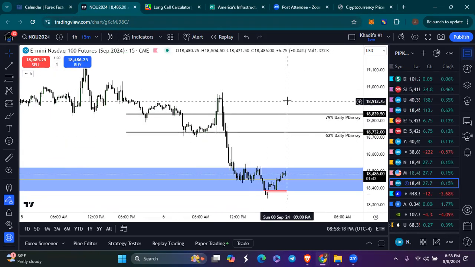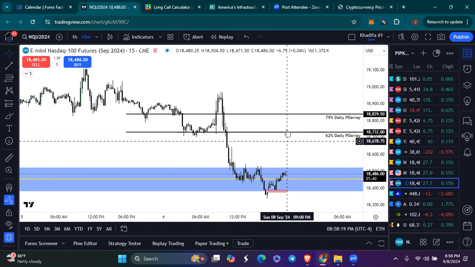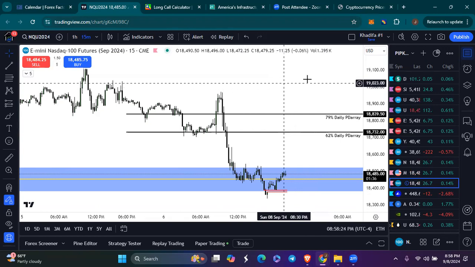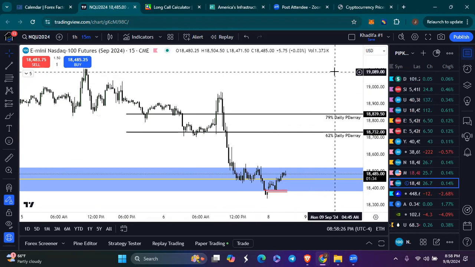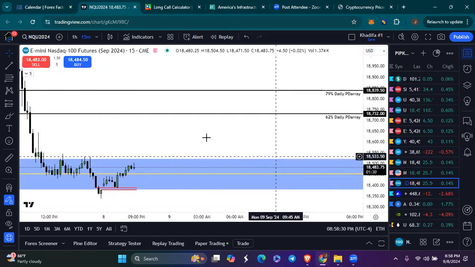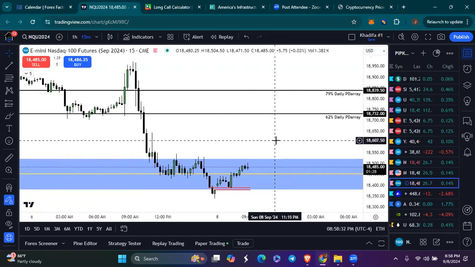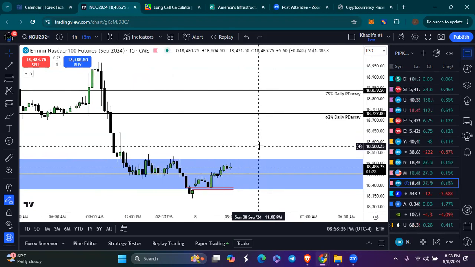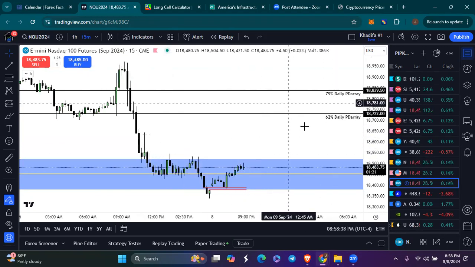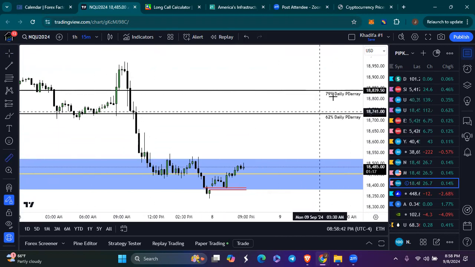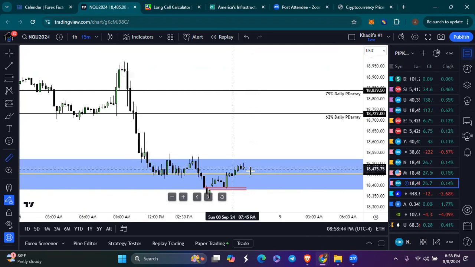Giving us bullish imbalances to the upside, for price to then come back down into those imbalances and continue higher. So that's what I'm looking at for futures. I am bullish futures this week. And I do expect us to at least reach up into these premium PD array levels from Friday's price action.